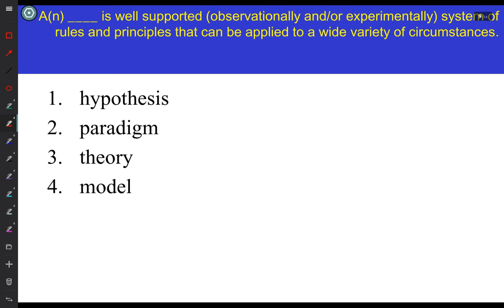It's not an hypothesis, it's a hypothesis. I don't understand people who put an before words that start with an H if it's a voiced H. If you look at the answers, I put A parentheses N so that it would fit all four of them. But then I said, well, I don't think I really needed to put the N because it really should be a hypothesis, a paradigm, a theory, a model.